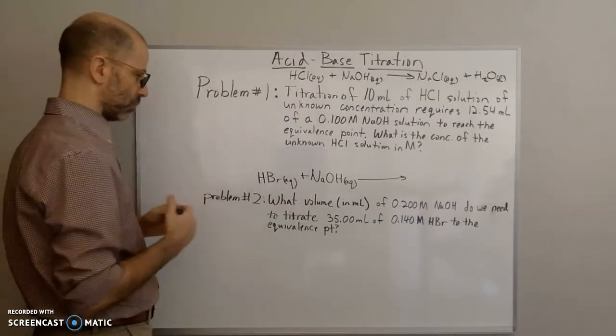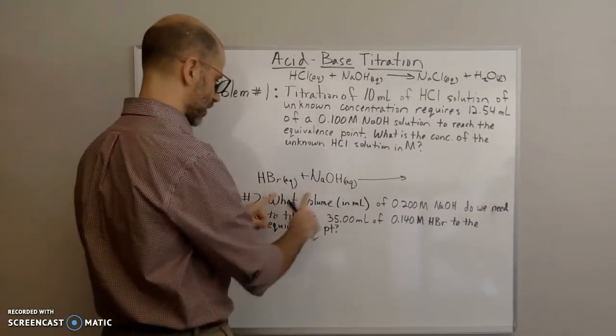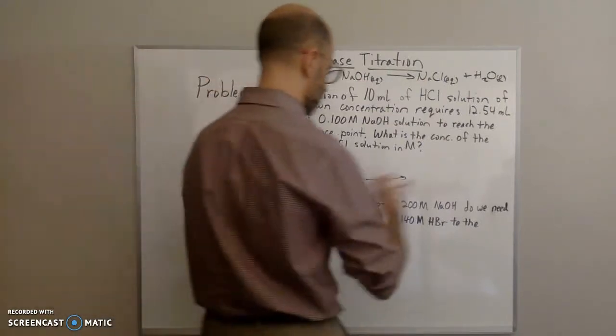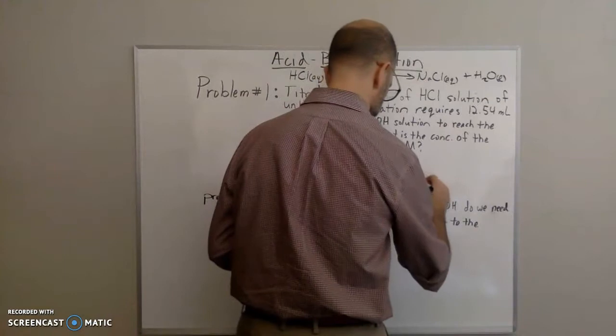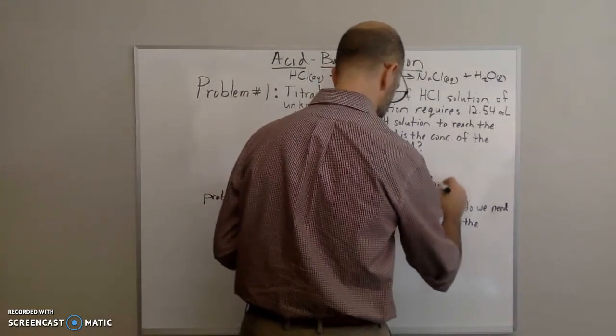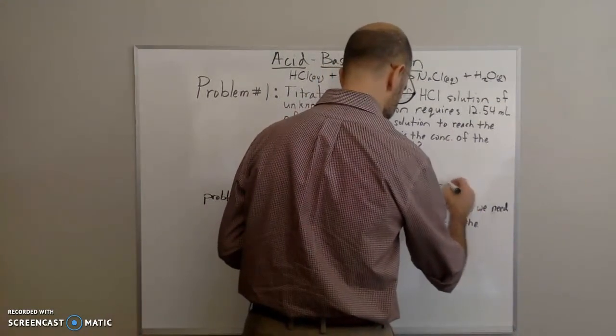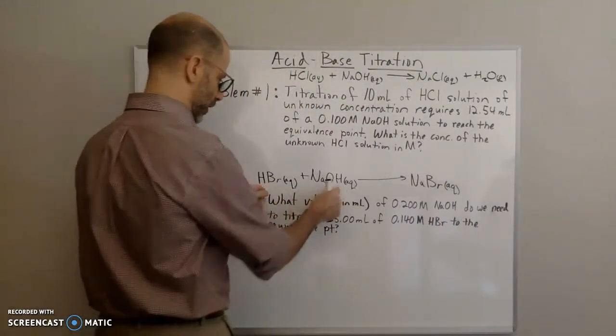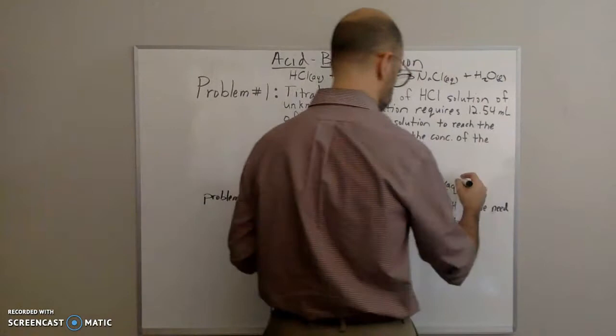Again, we figure out the products by doing the inside and the outside. So we're going to put the NaBr together. That's going to give you sodium bromide, and that's going to be aqueous. And then the H and the OH are going to go together, and that's going to form water again.